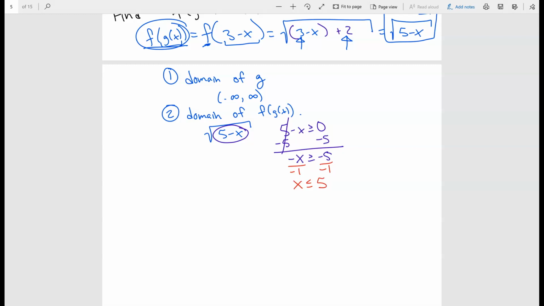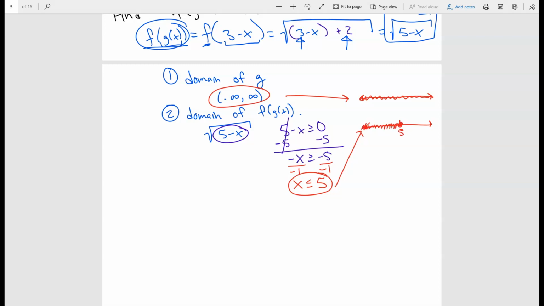So x is less than or equal to 5. Now we're going to take both domains and combine them. The first one is all real numbers, so that's really easy. The other one is 5, included, and everything that's less than.